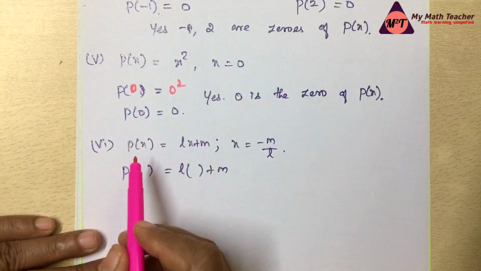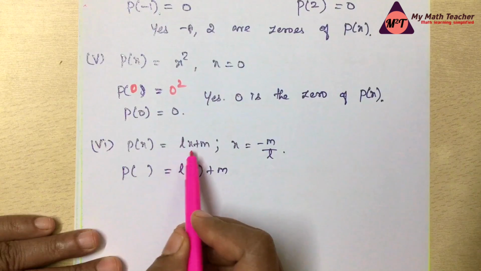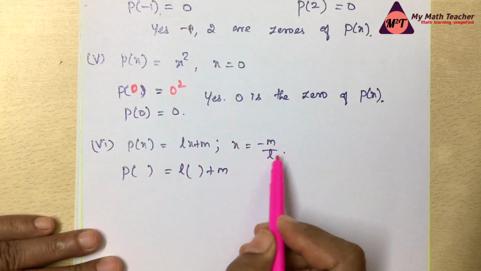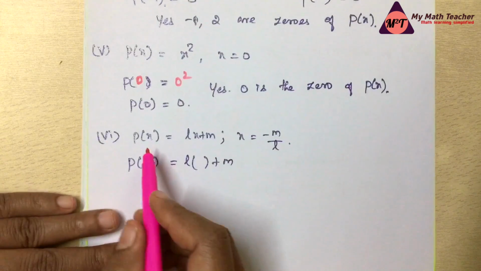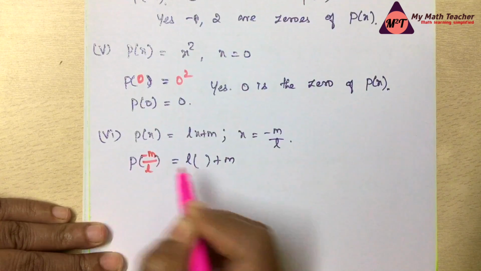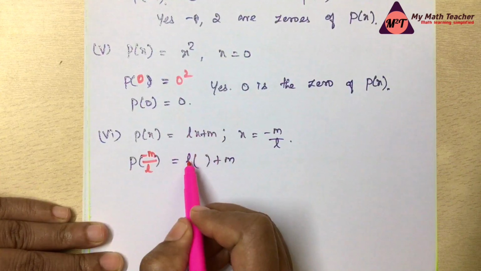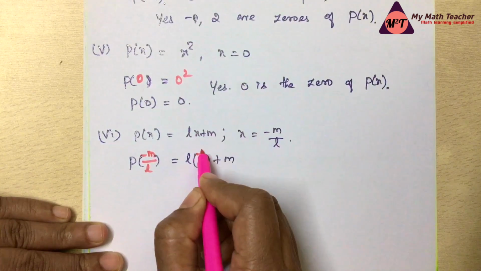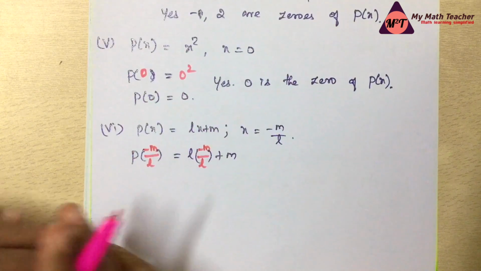Sixth subdivision is p of x is equal to lx plus m, where the given x value is minus m divided by L. Here instead of x, we are substituting minus m by L. Now Lx, L into x. In the place of x, again the same value, minus m by L plus m.